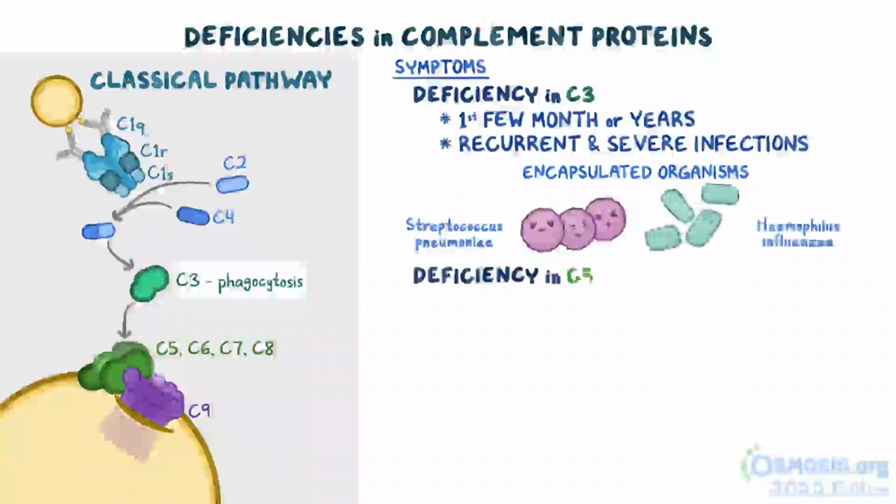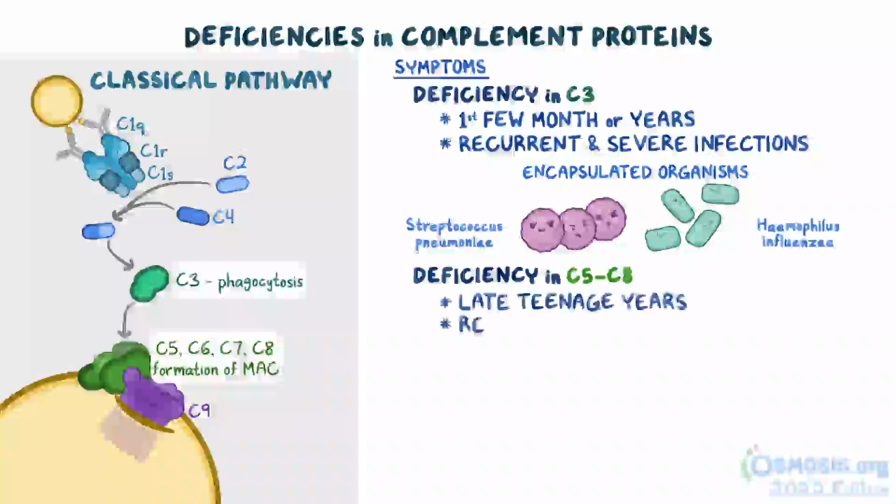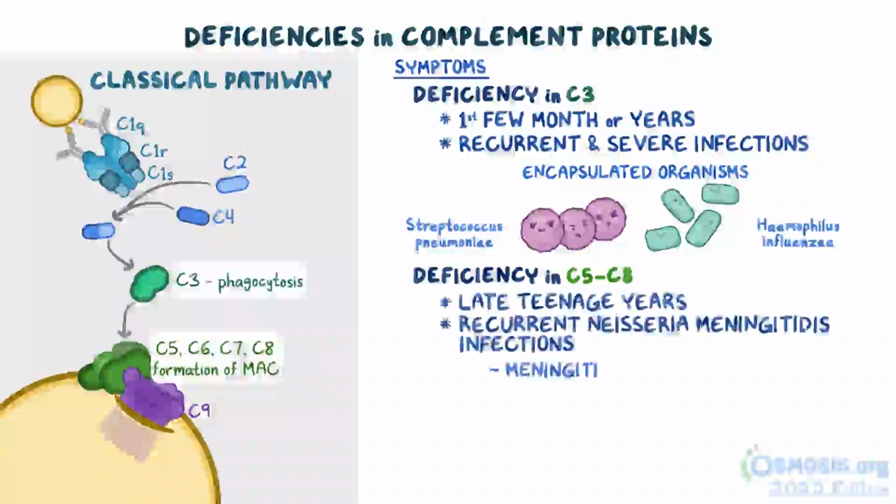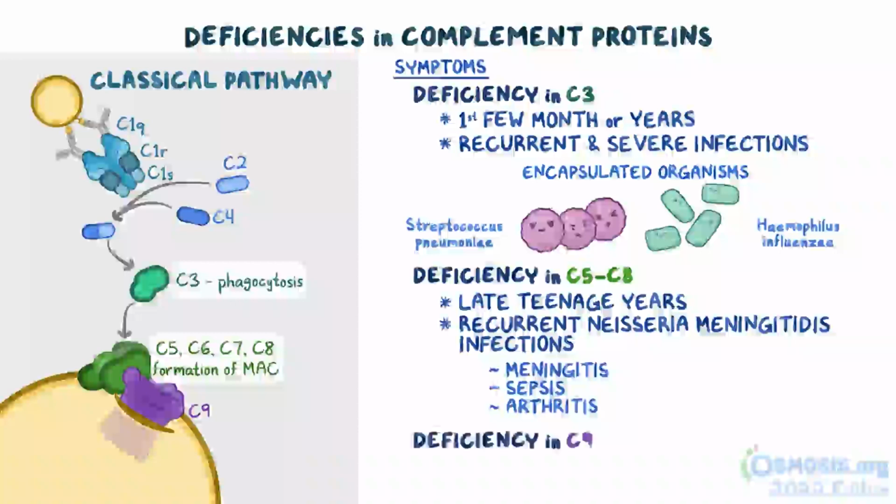Deficiencies in C5 through C8 impairing the formation of membrane attack complex, or MAC, usually cause symptoms in the late teenage years with recurrent Neisseria meningitidis infections such as meningitis, sepsis, and arthritis. Interestingly, individuals who are deficient in C9 seem to have no problems because C5, C6, C7, and C8 can lyse a bacterium all on their own, with C9 being the icing on the cake.